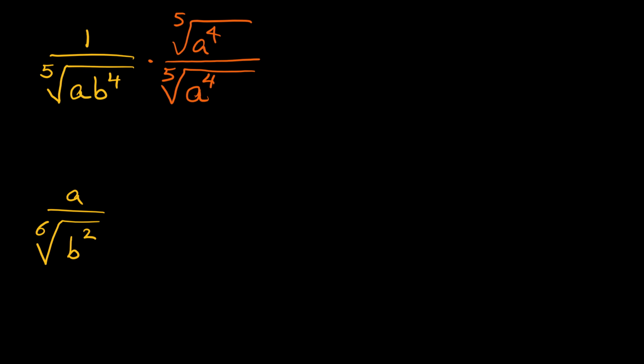What about b? The power of b already is 4, but we need power 5. So we need to multiply by b to the 1, because b to the 1 times b to the 4 would be b to the 5. So we multiply numerator and denominator by the 5th root of a to the 4 b.